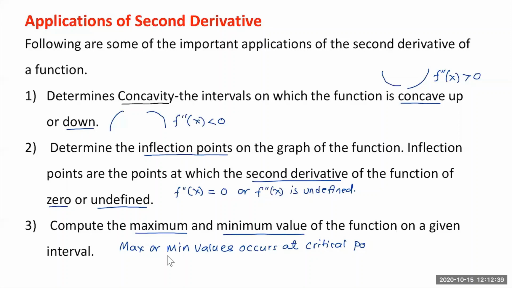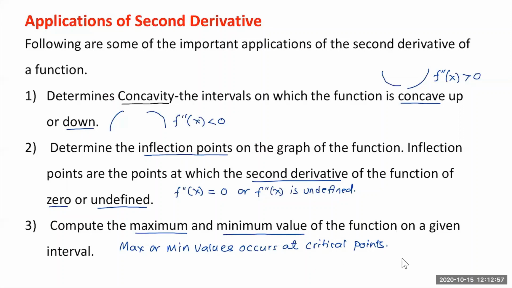Critical points are the points where the first derivative is 0 or the first derivative is undefined. That is what we know from the previous lecture. So maximum or minimum values occur at critical points.